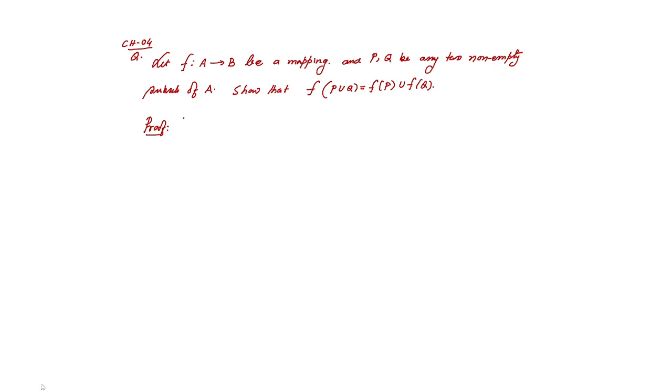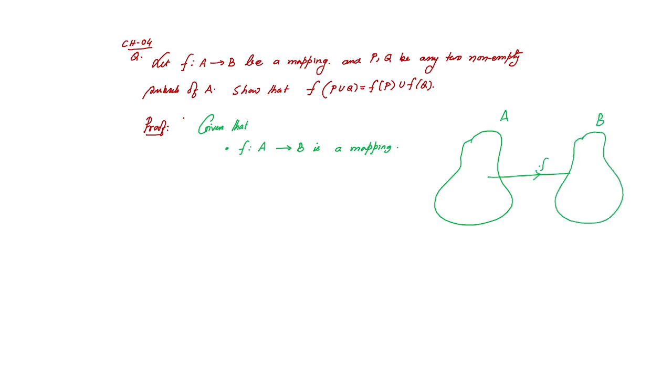Given f from A to B is a mapping and P, Q are non-empty subsets of A. So this is your A and that set is your B, and f is a map from A to B, where P is a subset of A. This is P, and say Q is another subset of A. This is your Q. So P is a subset of A, and Q is also a subset of A.